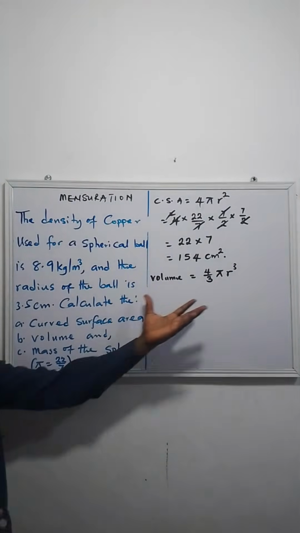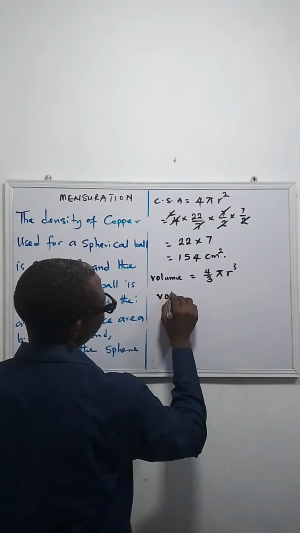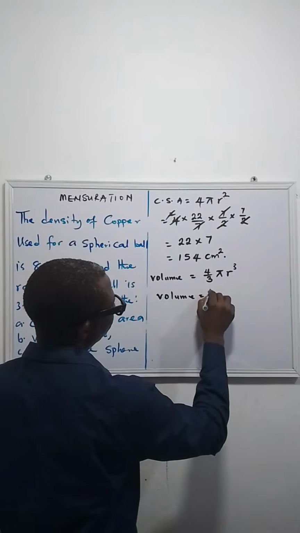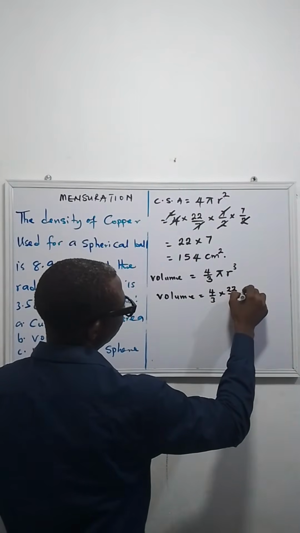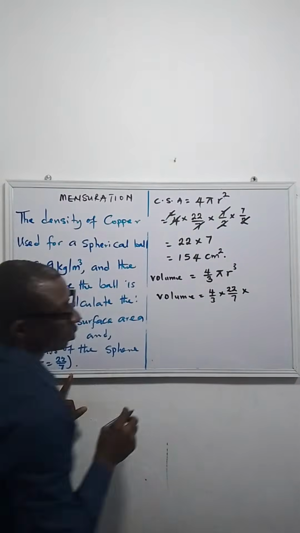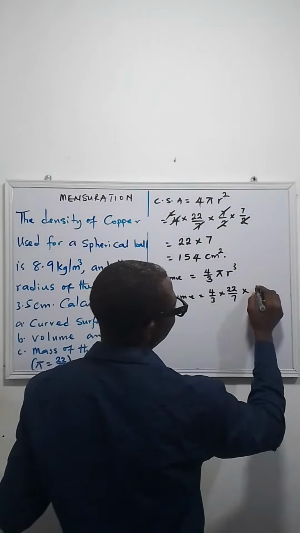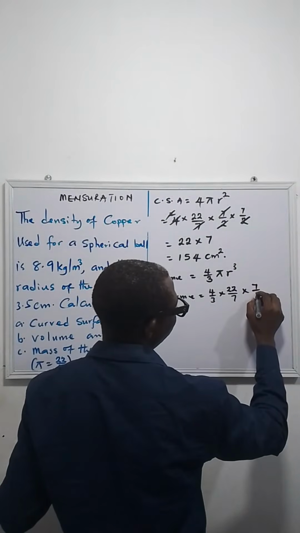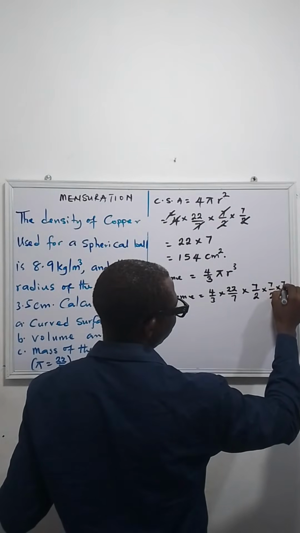So now, can we incorporate this? Volume equals 4 over 3 times 22 over 7 times, now what is the radius? We already have that to be 3.5, right? So we can have 7 over 2 times 7 over 2 times 7 over 2.